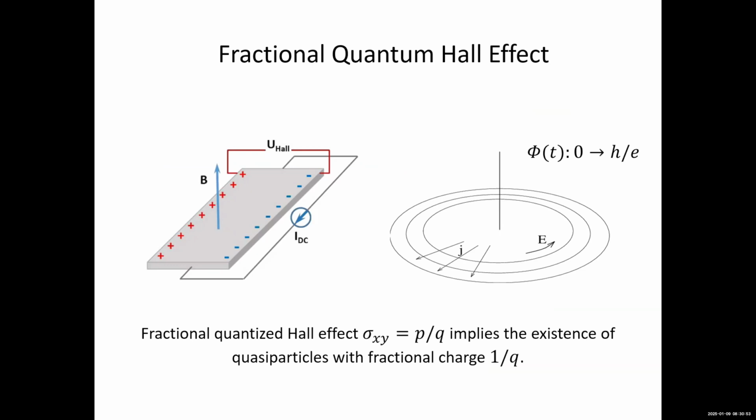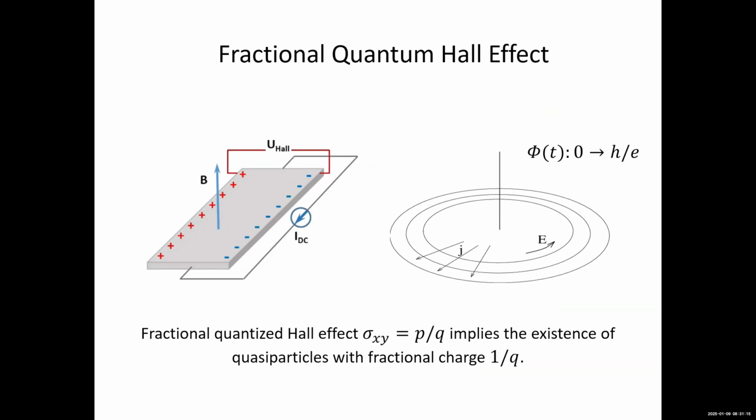When you run a flux through an infinitesimally thin solenoid and turn on the flux from 0 to 1 flux quantum, then by the law of electromagnetism, it induces a circulating electric field. And then through the Hall effect, it leads to a current in the radial direction.